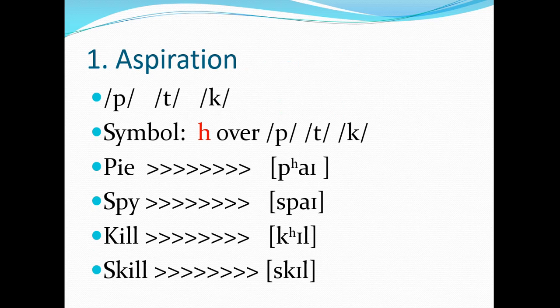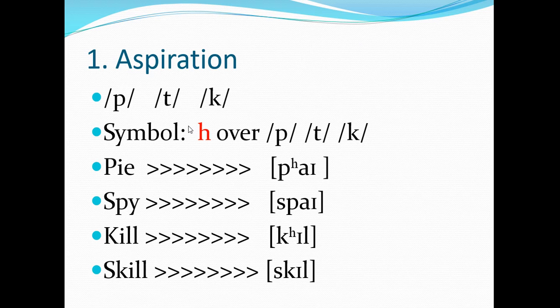This is another important concept that we need to know. Now I'm going to explain the different rules that are very important in phonology. The first one, as I told you, is aspiration. The aspiration rule says that a voiceless stop becomes aspirated when it occurs word or syllable initially before a stressed vowel.